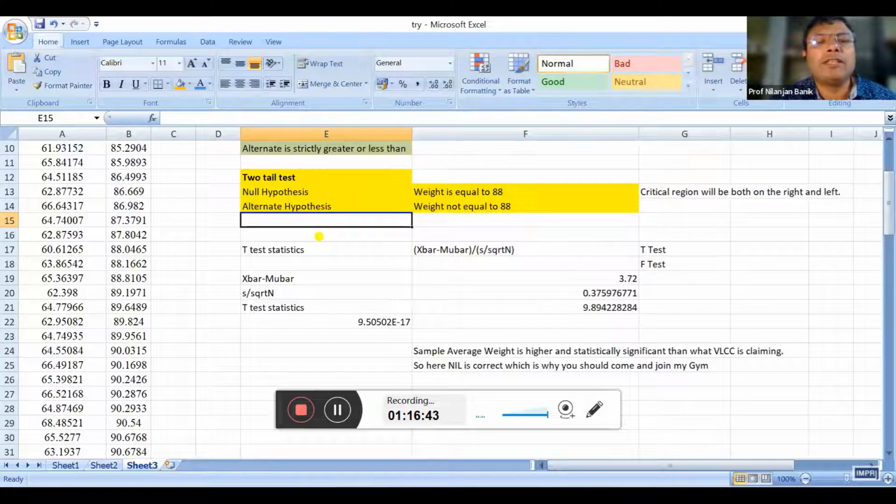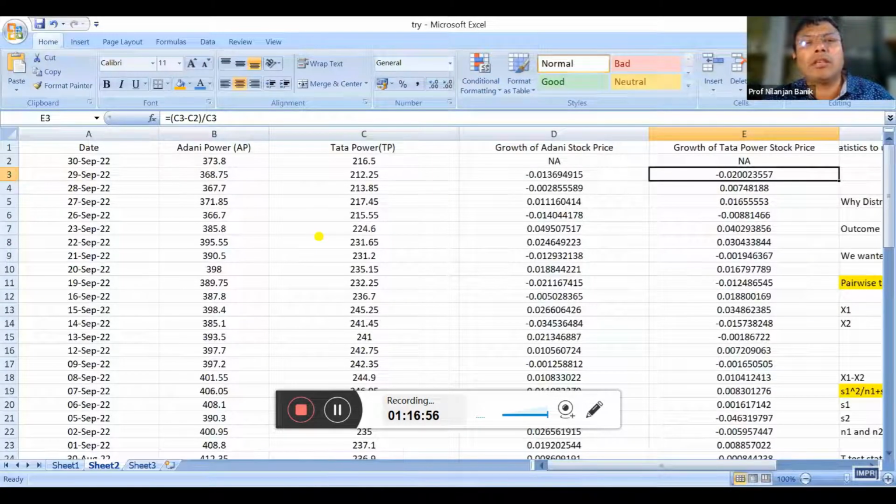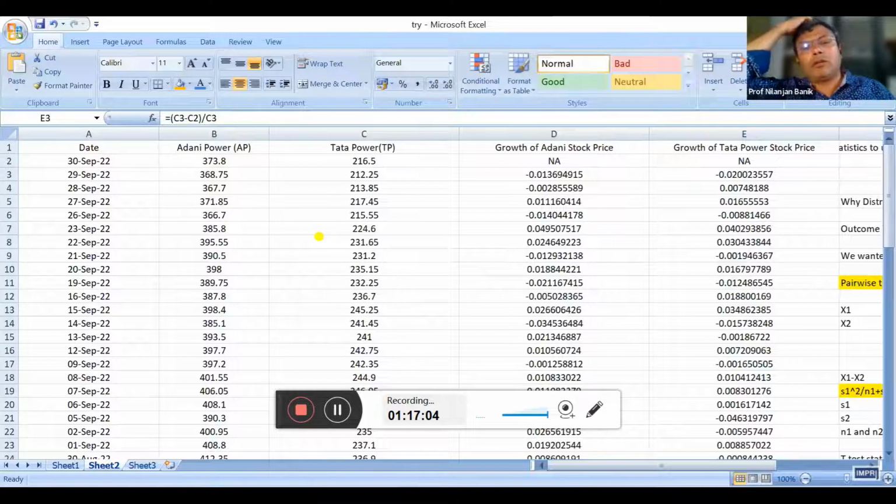In the VLCC example, the outcome variable is the weight, whether people are actually losing weight or not. In the case of Adani Power and Tata Power, the outcome variable is the growth rate, whether it makes sense to invest in Adani or not.